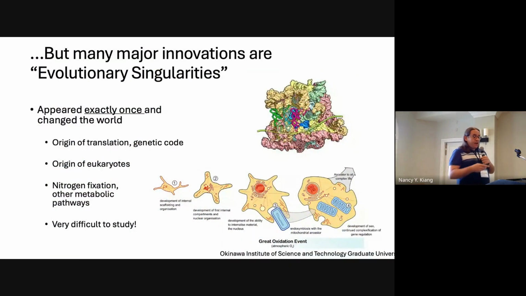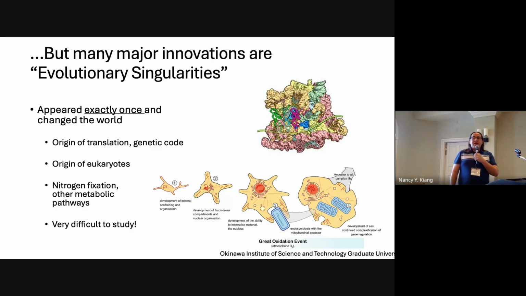But some are what you call evolutionary singularities, things that happened exactly once and they changed the world. Things like the origin of translation in the genetic code, that's a really big deal. The origin of eukaryotes, metabolic pathways like nitrogen fixation, or of interest to photosynthesis types, oxygenic photosynthesis within the spread of photosynthesis. But the thing about a singularity is it's really difficult to study.